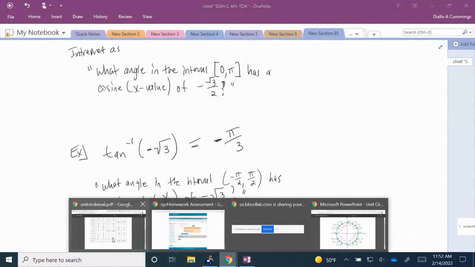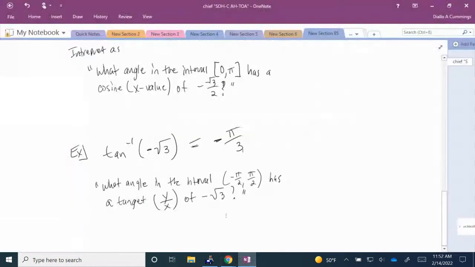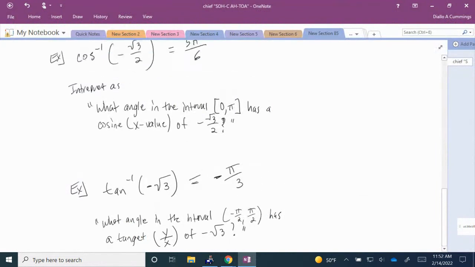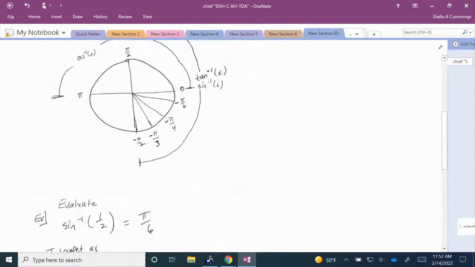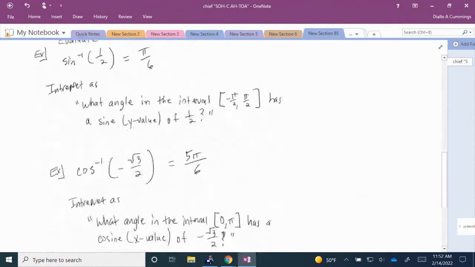I used the function values chart to quickly find which angle has a tangent of negative square root of 3. But I didn't use 5 pi over 3 as the answer. I had to use the negative equivalent, which is negative pi over 3. All right, but here's the math on that.